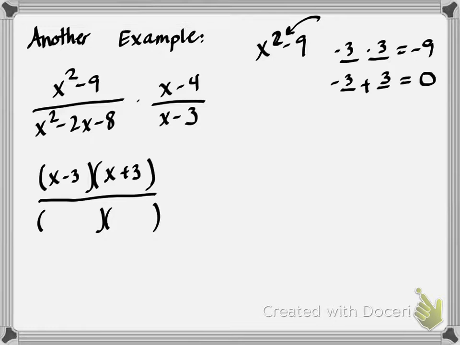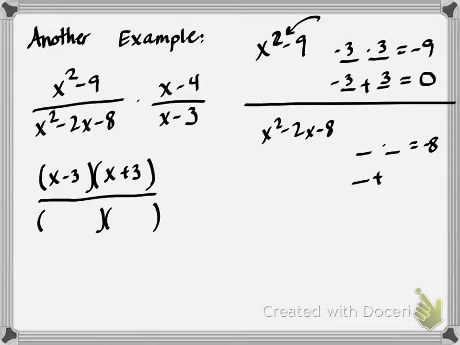And we're going to do the same thing on the bottom, x squared minus 2x minus 8. So what two numbers are going to multiply to negative 8? Those same two numbers have to add up to negative 2. I would challenge you to maybe pause the video and see if you can figure that out before I write them in right now.